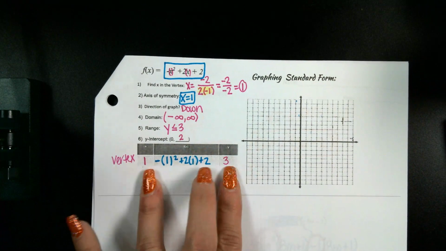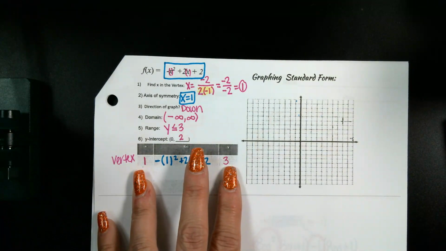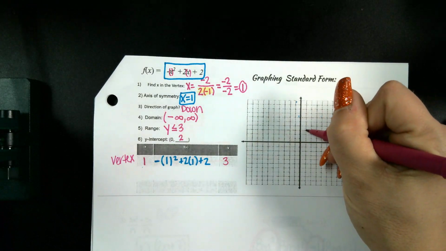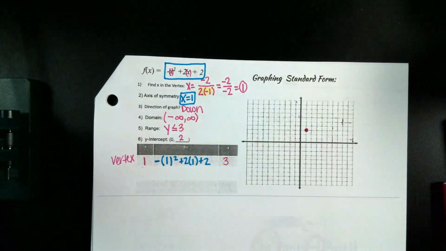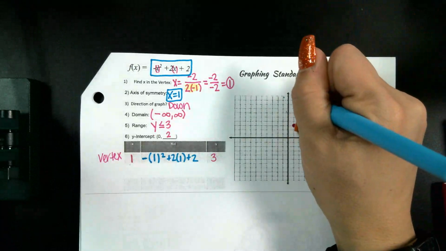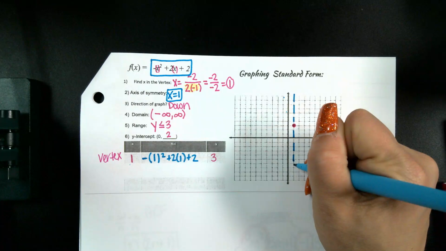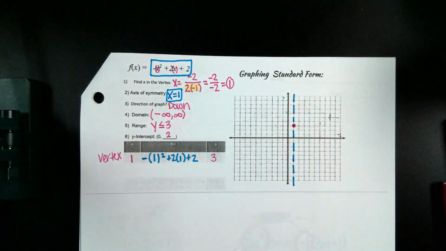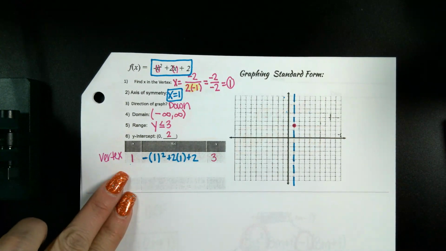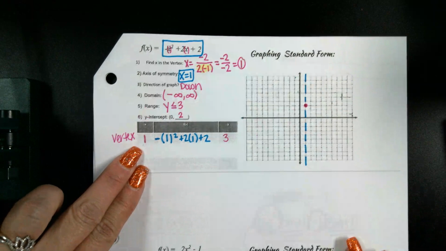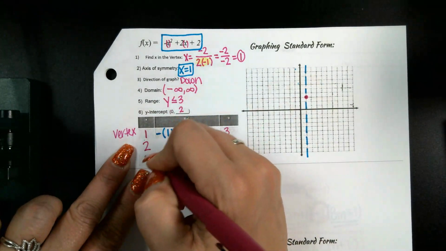So I'm going to plot 1, 3, and I'm going to draw in my dashed line. So 1, 3, and then draw in your axis of symmetry. What are my two numbers that come right after 1? 2 and 3.